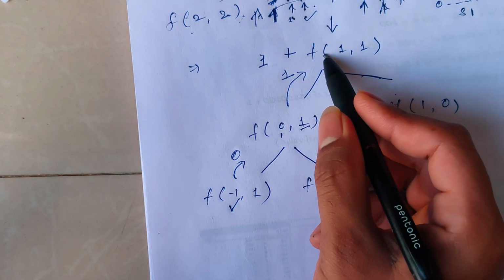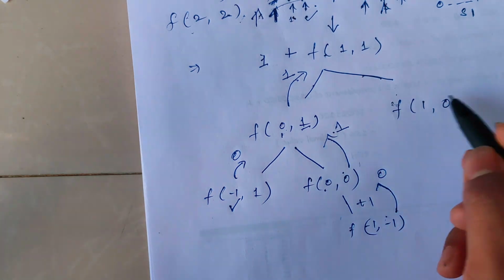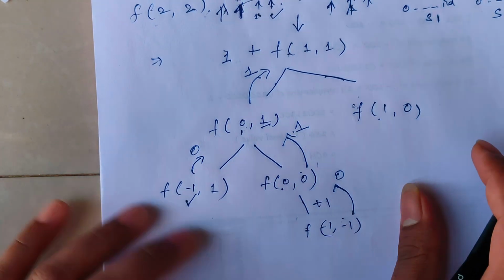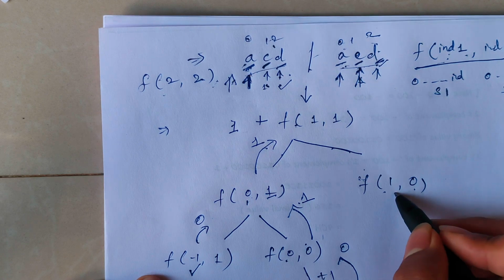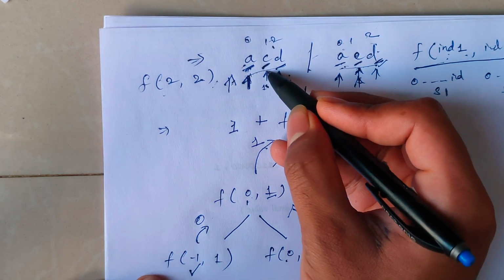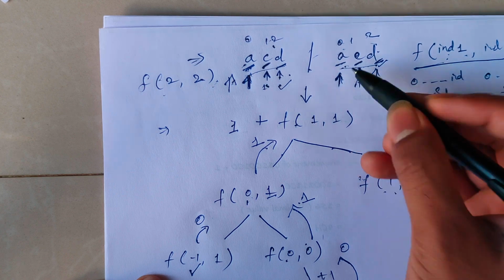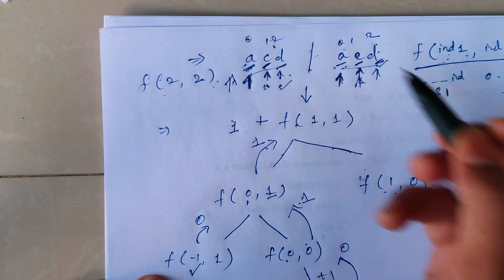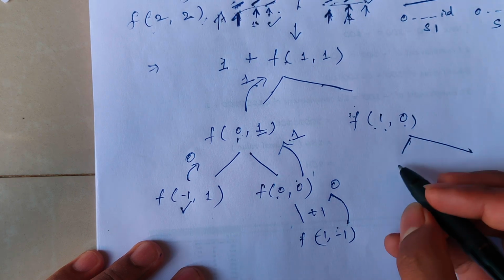So f of 1 1 returned 1 from this side. Now explore this side, f of 1 and 0. So f of 1 means it is at this position and it is at this position. C and A, they are not equal, so we will explore two possibilities.